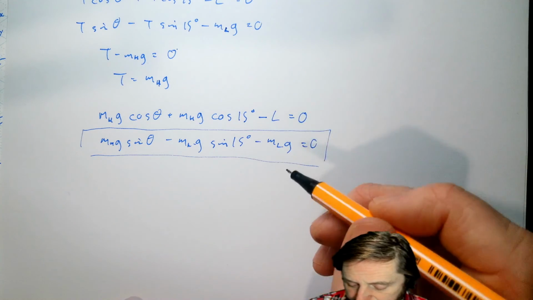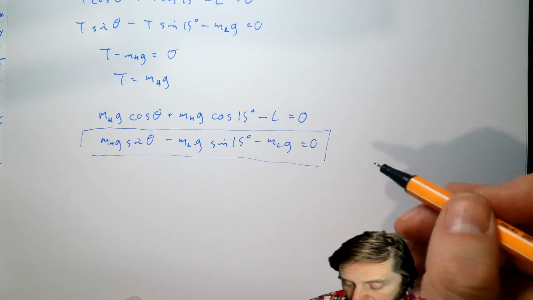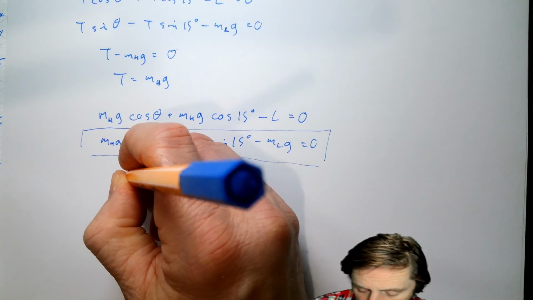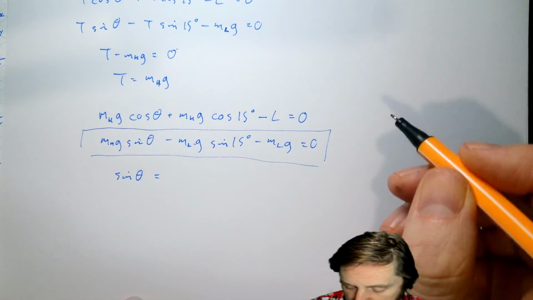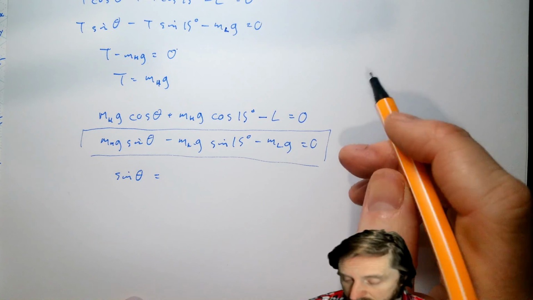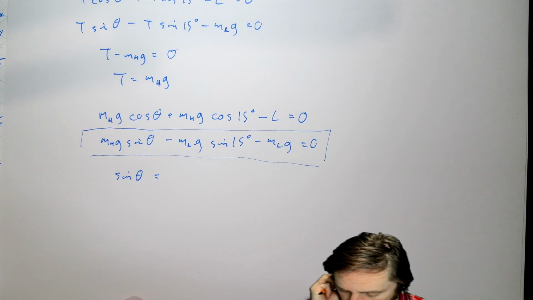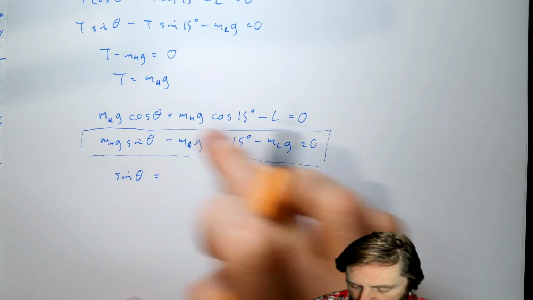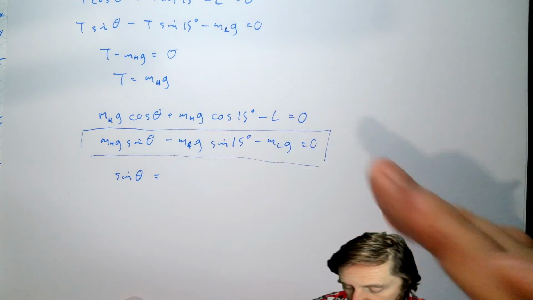So what we can do is rearrange that for sine theta, which is unknown. We're going to put both those terms on the other side.